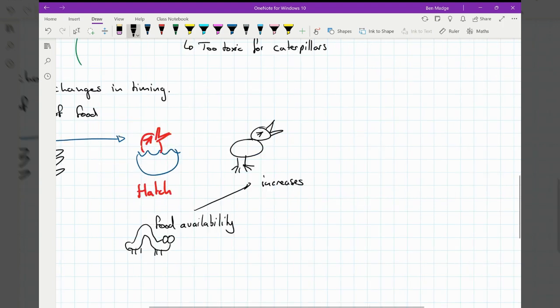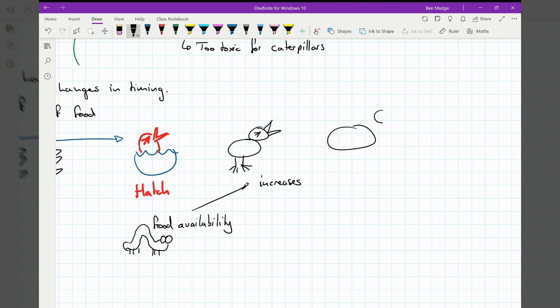Okay, so that when they are most hungry, ready to fledge, you have the most caterpillars to feed them.